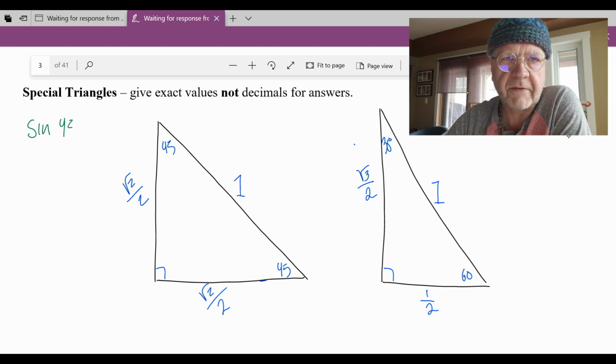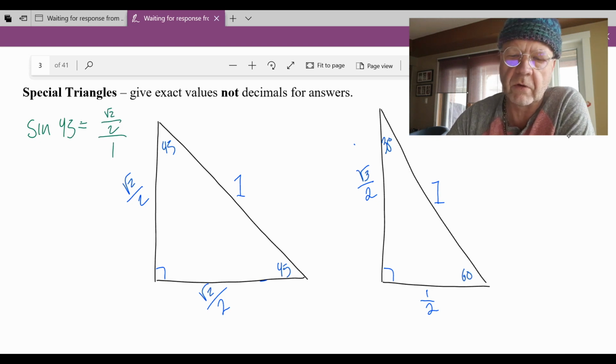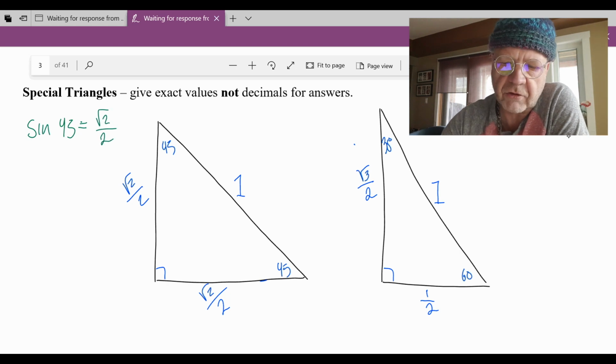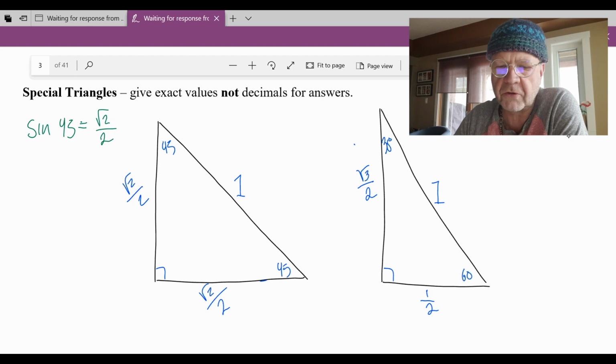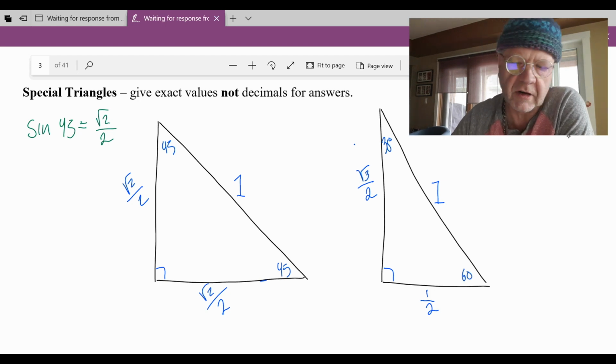Let's do 45. Reading it right off the graph, you see that sine 45 is simply root 2 over 2 over 1, and that just simplifies to root 2 over 2. So that's all I'm going to write here. And remember that we got root 2 over 2 by rationalizing the denominator. If you use Pythagoras, you actually get 1 over root 2.